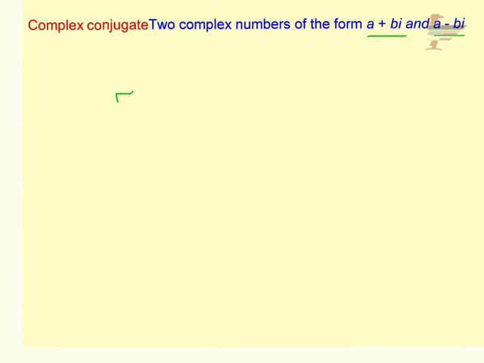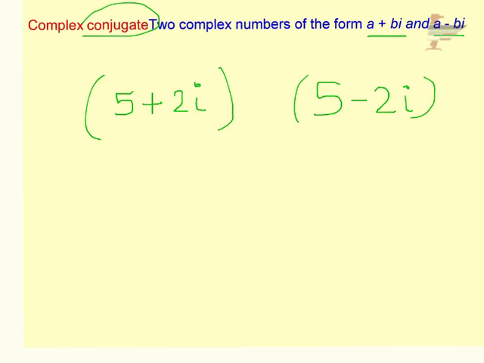So for example, if I had 5 plus 2i, what would its conjugate be? Well, its conjugate would be 5 minus 2i, and those are conjugates of one another. So again, the imaginary part is opposite sign. If you had just 2i, its conjugate is -2i. There is no real part to it. So that's what a complex conjugate is. Pretty simple.